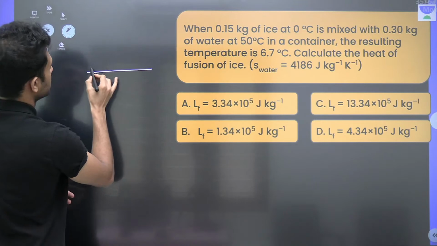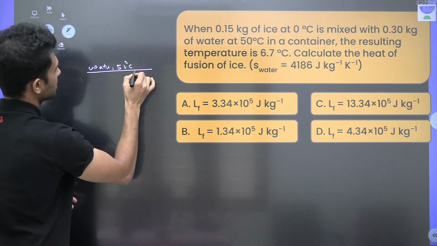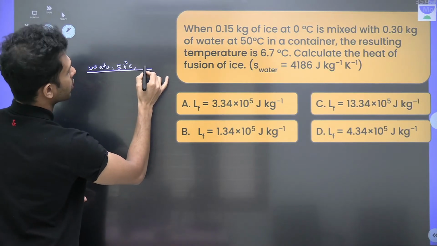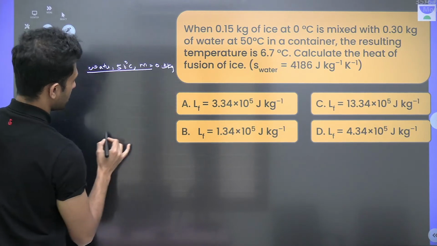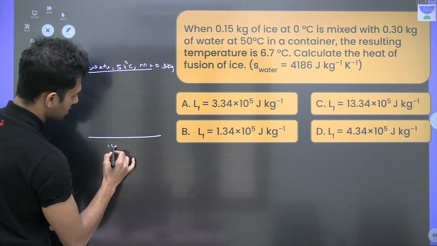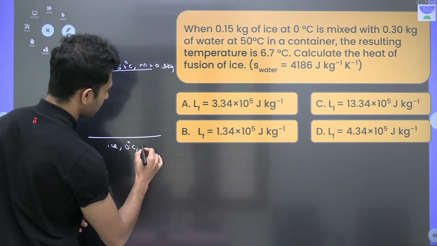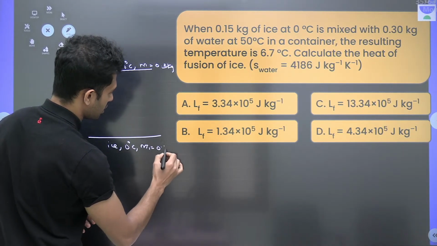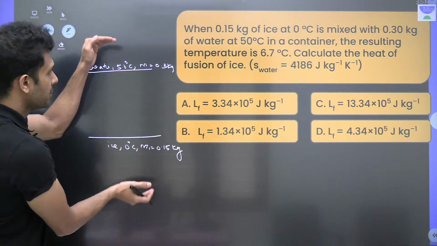We have water at 50 degrees Celsius and the mass of water is 0.3 kilograms. Then we have ice at 0 degrees Celsius and the mass of ice is 0.15 kilogram. You're mixing these two.